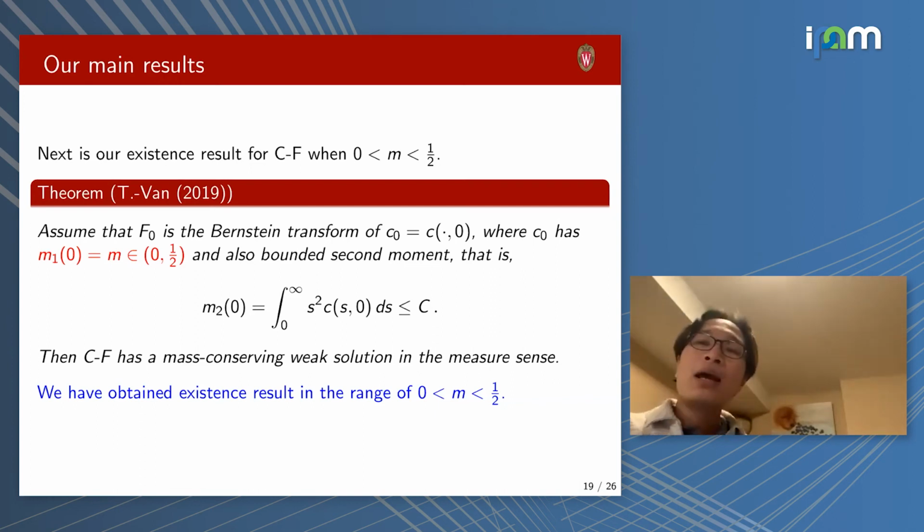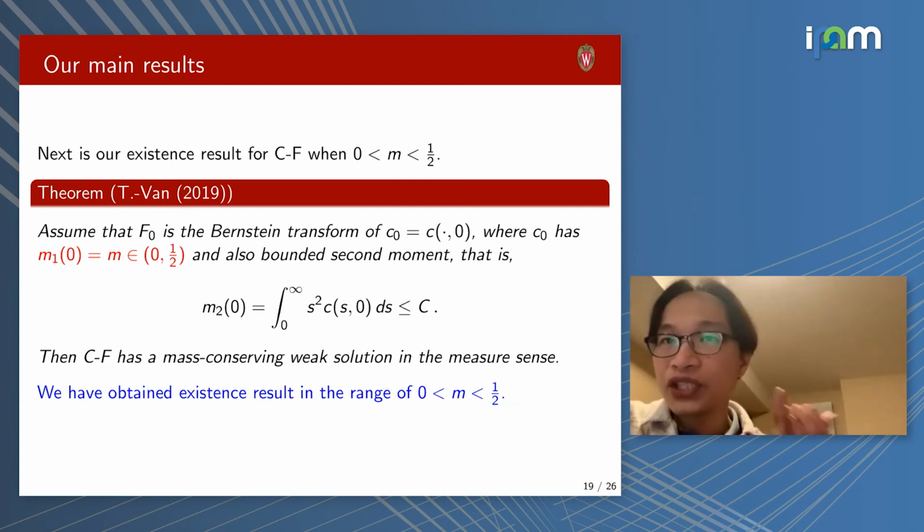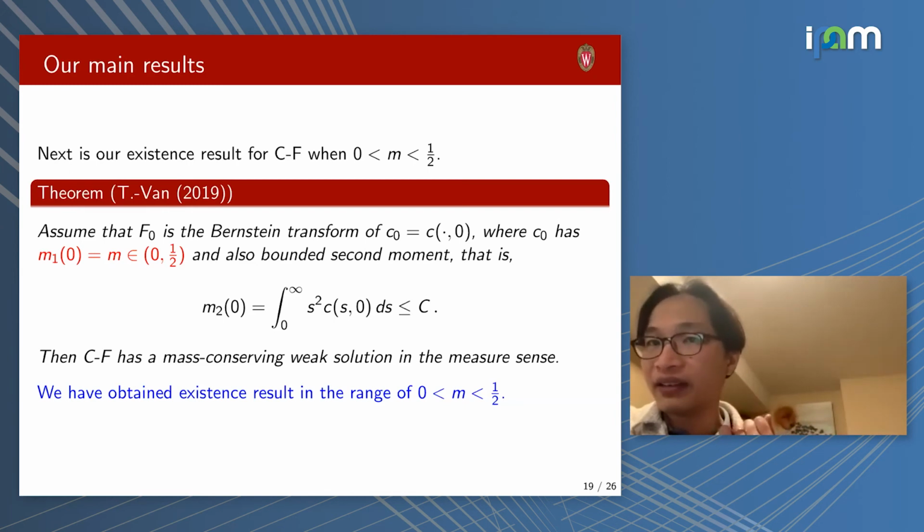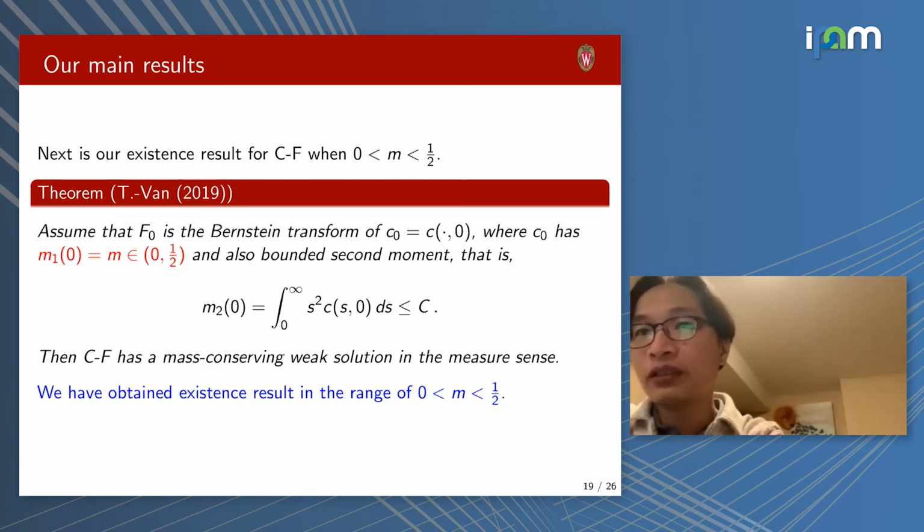Okay, so let me explain why. We have shown that there is a viscosity solution, but that's not enough. To have existence of a solution to the coagulation-fragmentation equation, we need more, and that's the key point. So let me go to the next slide to illustrate this.